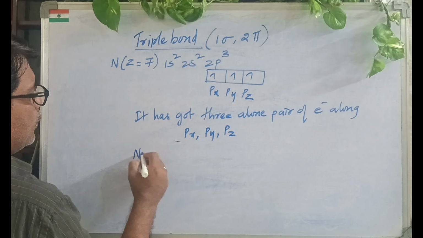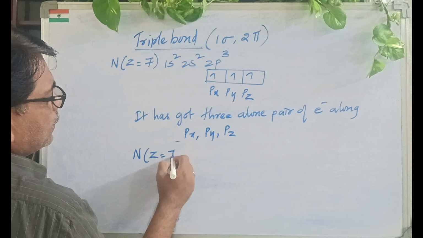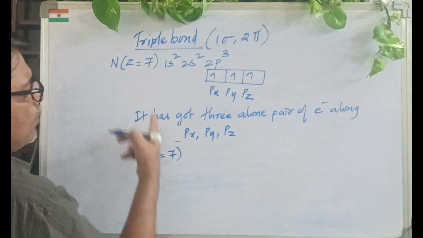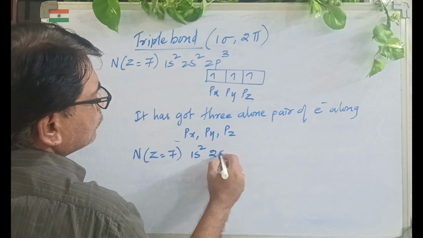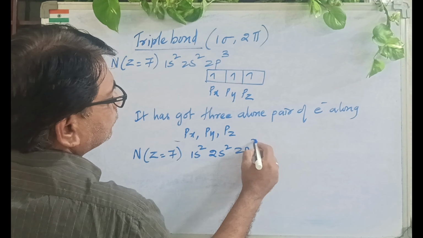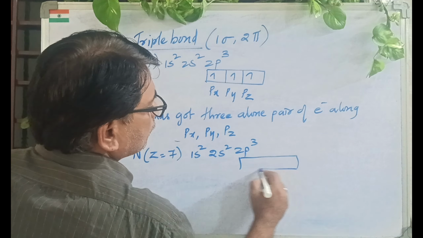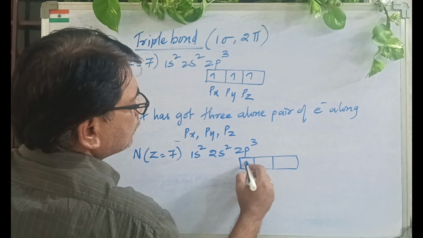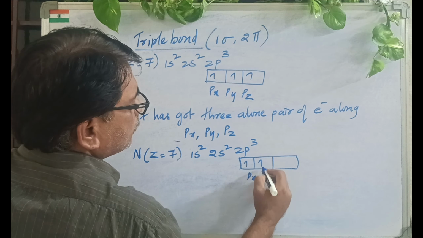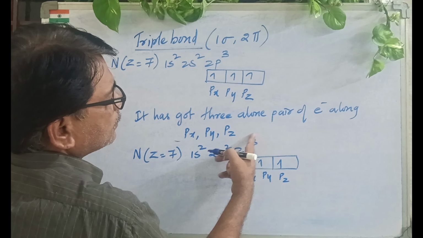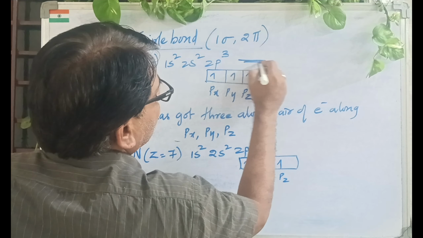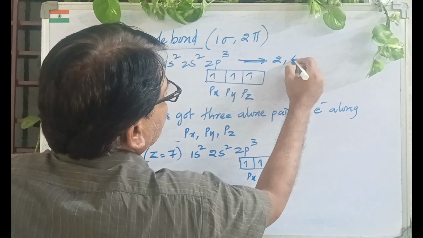Take another nitrogen. You took one more nitrogen whose atomic number is 7. It will remain 7 because we are just taking one more atom, that's all. 1s2, 2s2 and 2p3. In the same manner, 3 degenerate orbitals. This will be px, this will be py and this will be pz. You cannot write more. It is 3, isn't it? Now the other way, I told you, 2 comma 5 it is.